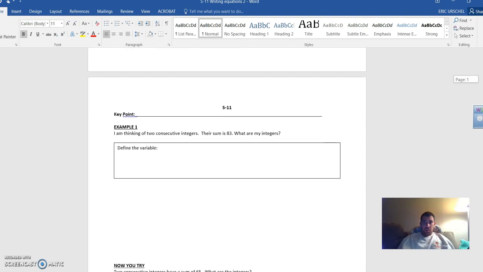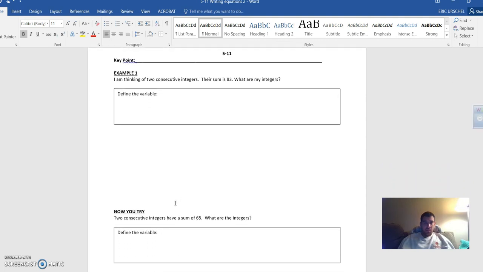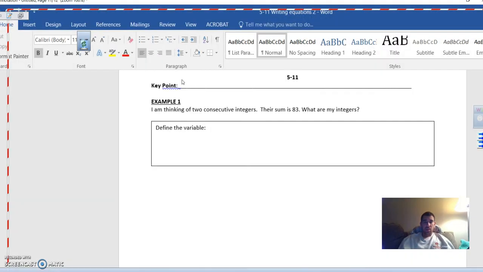All right, let's get into the new lesson, lesson 511. Today we're focusing on: I can write and solve equations to find missing integers.